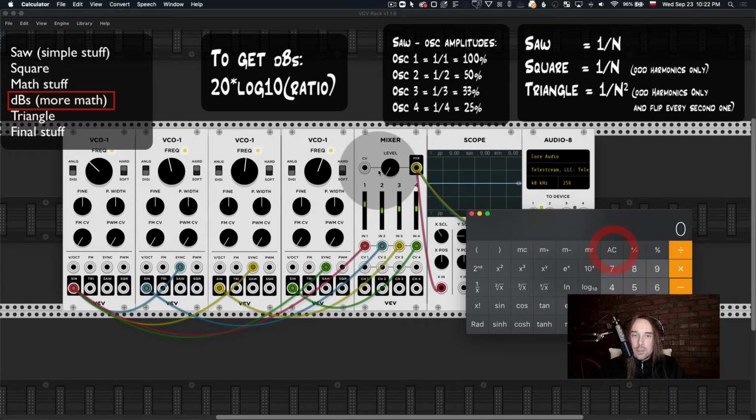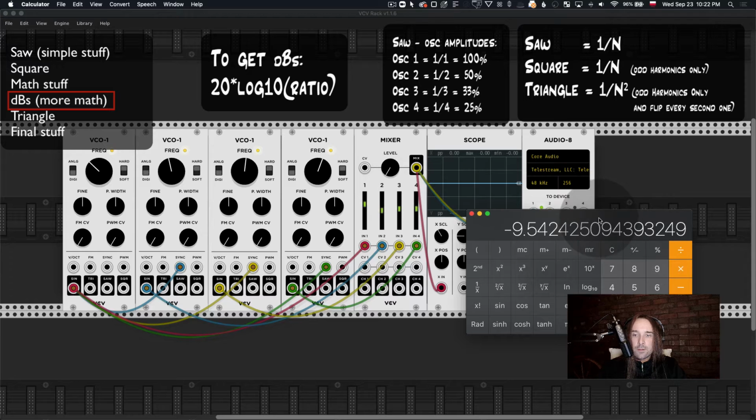So the third partial, the third harmonic, would be 1 divided by 3, and then logarithm and multiply by 20, right?